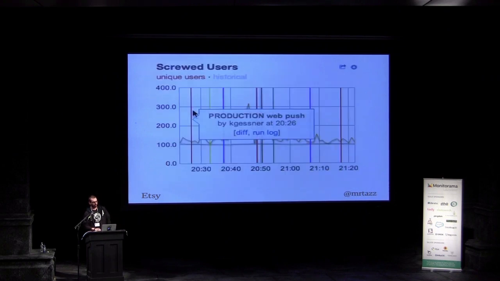And we now have those awesome deploy lines where in the Graphite thing, you can hover over the line and you get a link to the diff in GitHub of the stuff that actually went out, and a link to the run log in the deployment system. So you can actually see, oh, hey, there's a spike. Let me hover over that line and see what change actually went out, and is that what could have caused or contributed at least to the problem we're having. And on the other upside, I now also have an opinion about JSON as a query language. So if you want to talk about that, that's something.